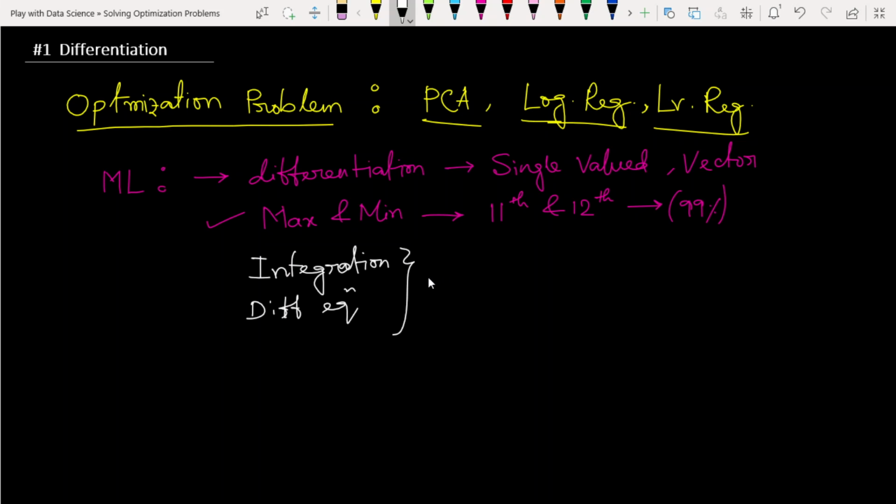In another science field like fluid dynamics they are useful, but in the world of machine learning, differentiation is the most important. You can call differentiation the heart of machine learning.